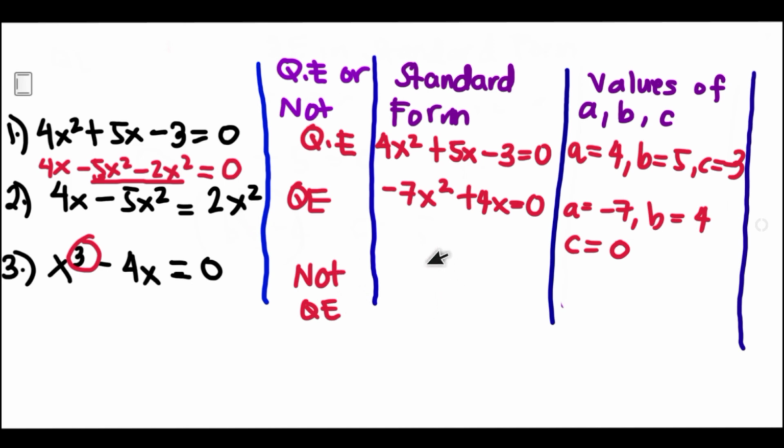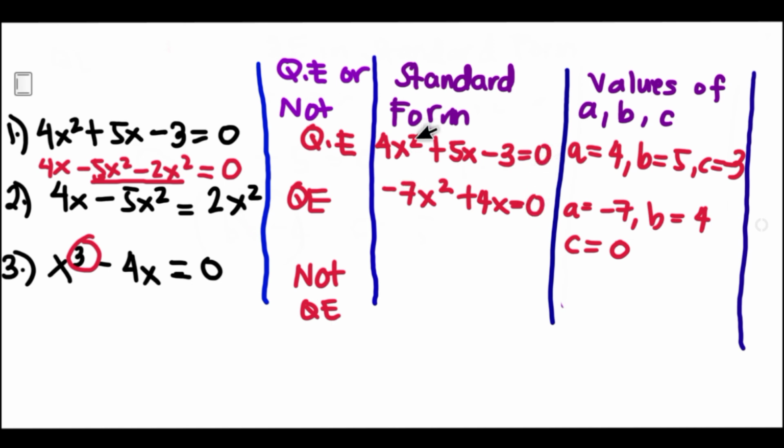So, tandaan, paano tayo kumuha ng standard form? Kailangan lahat ng terms ay nasa kaliwang side, and also, ang pinakamataas dapat na exponent na 2 sa unahan, sunod yung may kasama ni x, at sunod naman yung constant, yung pinakahuli.